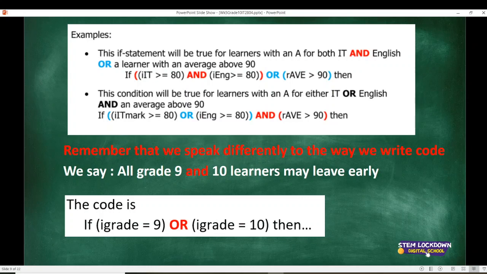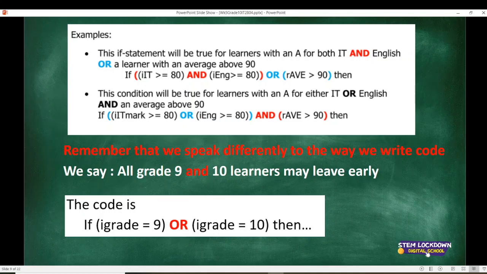If you're putting that into code, you then have to use or, because if you used and in this if statement, if iGrade equals 9 and iGrade equals 10, then leave early gets true. It is impossible for one person to have an iGrade equal to 9 and an iGrade equal to 10. In other words, one child cannot be in grade 9 and grade 10 at the same time.